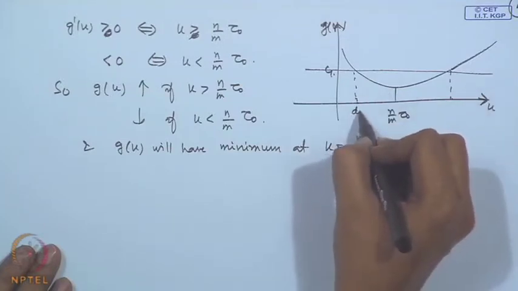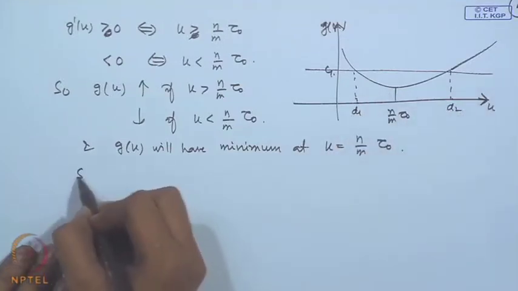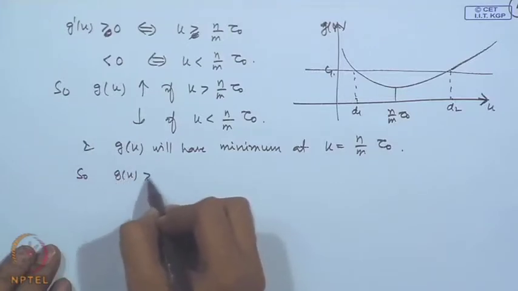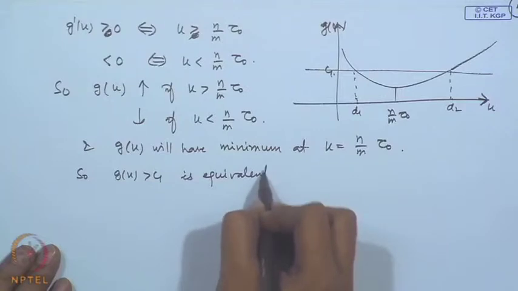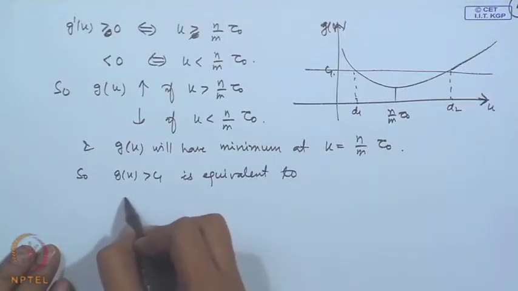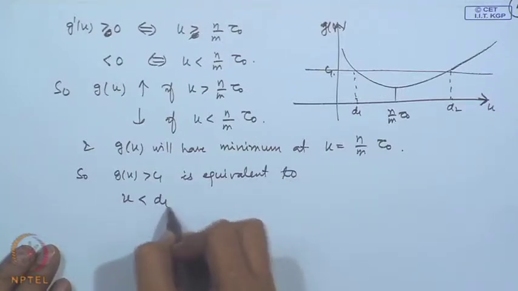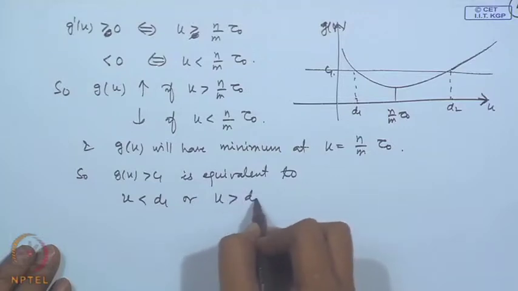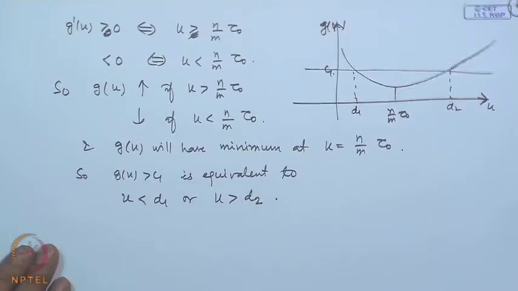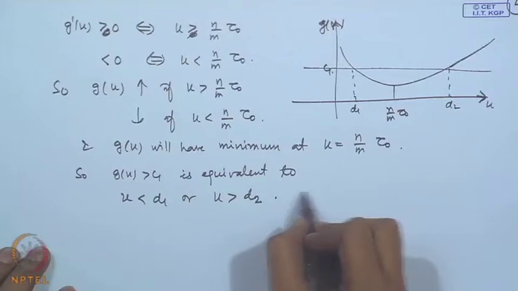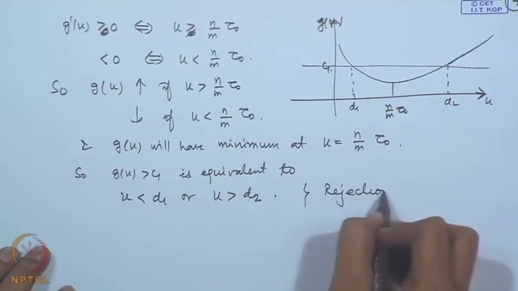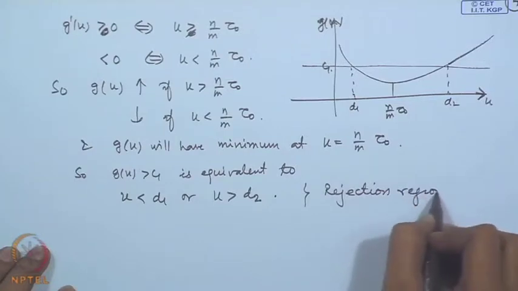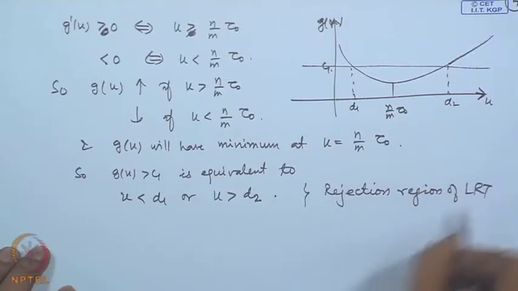So, let me call this number say d 1 and d 2. So, G u greater than C 1 is equivalent to u less than d 1 or u is greater than d 2. So, this is the rejection region of likelihood ratio test.